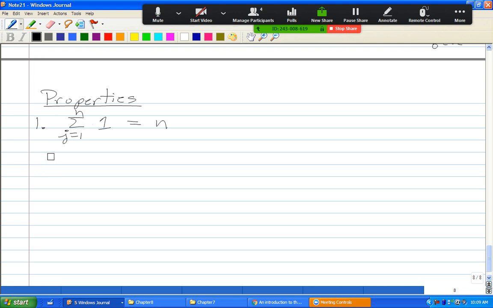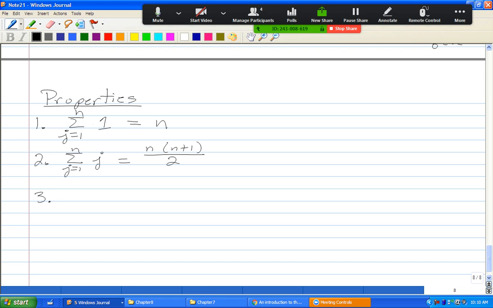Next, the sum j equal 1 to n of j is just equal to n times n plus 1 over 2. This was shown by Carl Friedrich Gauss when he was 9 years old. He actually did this immediately in a classroom.